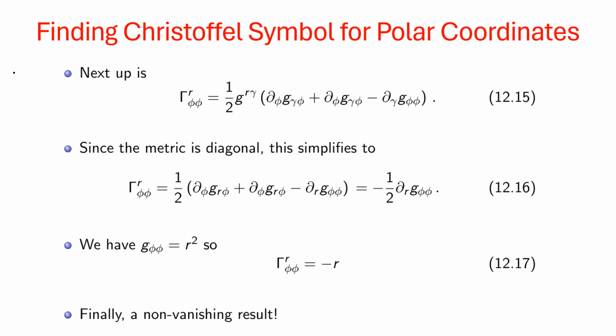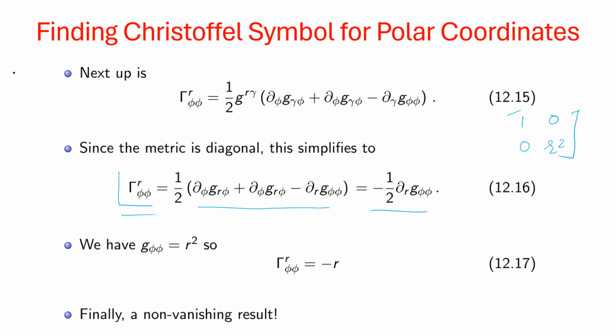The non-zero component I would like to discuss is gamma r phi phi. By the formula, on simplification, it is minus 1 by 2 del r of g phi phi. So what is g phi phi? You have to understand the matrix 1, 0, 0, r square.